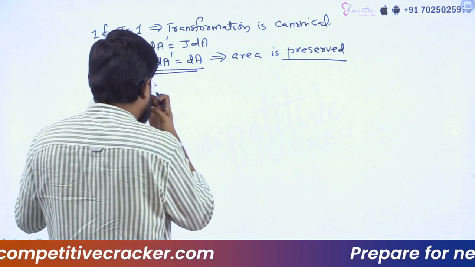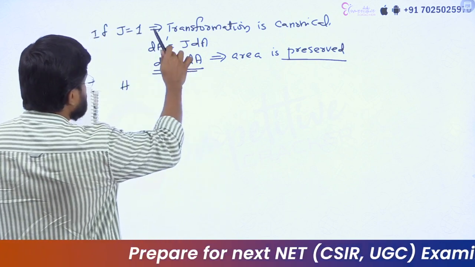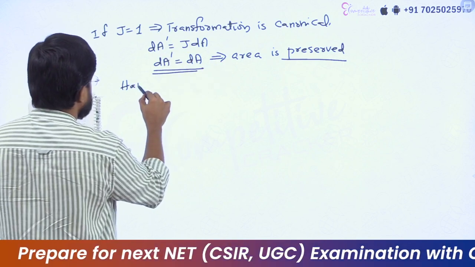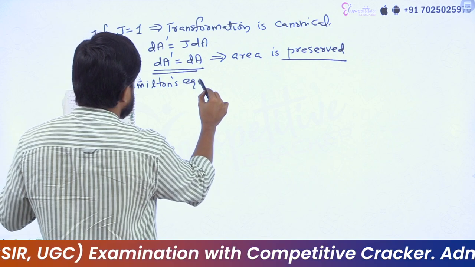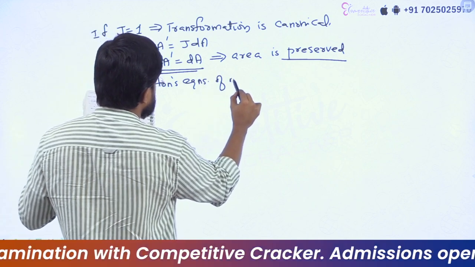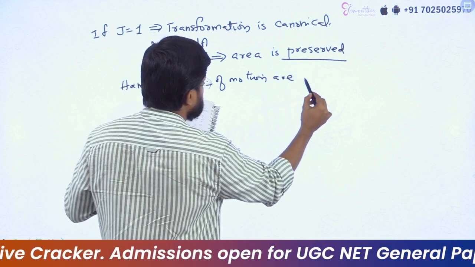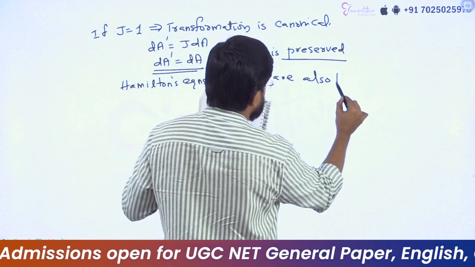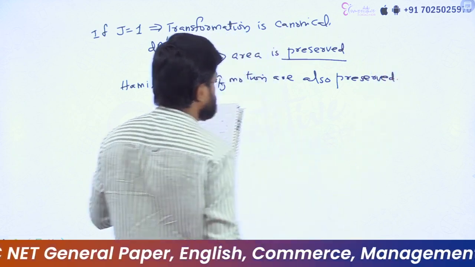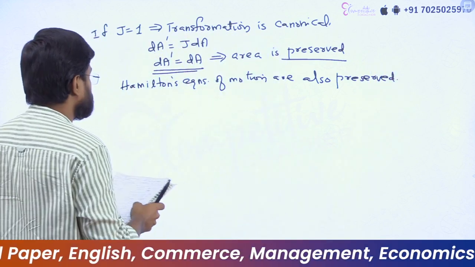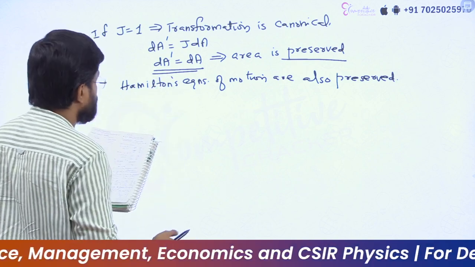Okay, and also, if the transformation is canonical, another speciality is that Hamilton's equations of motion are also preserved. So area is preserved and Hamilton's equations of motion are also preserved.